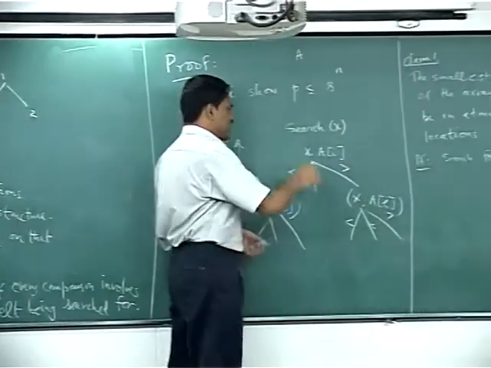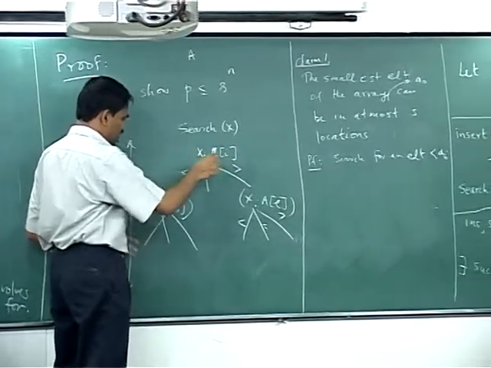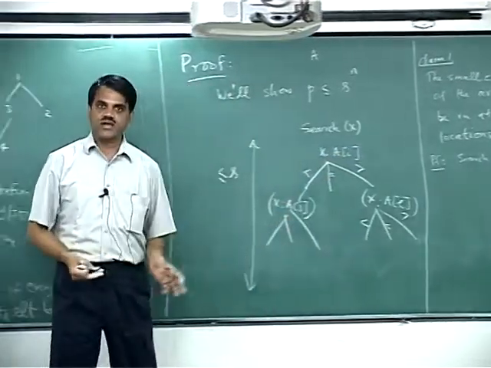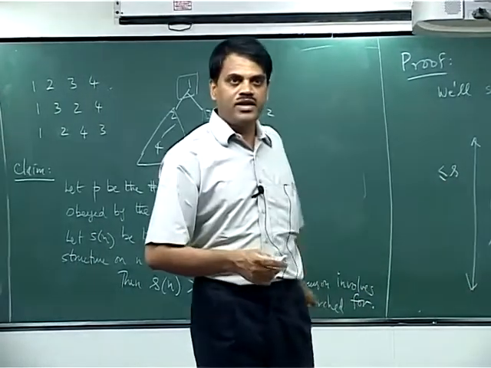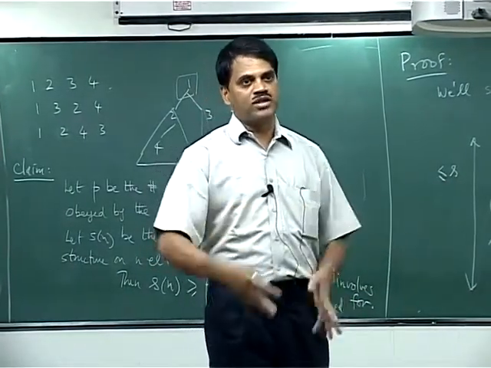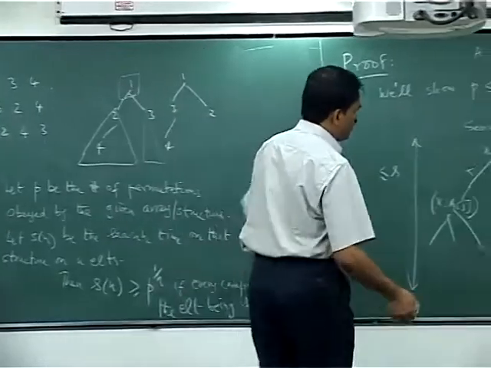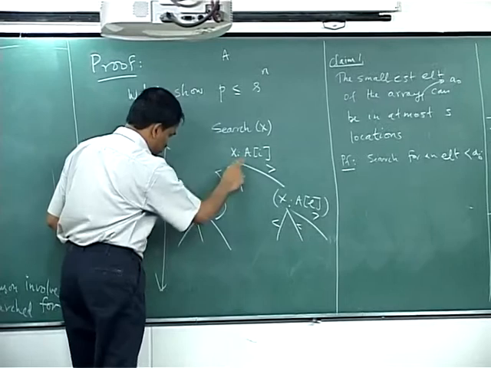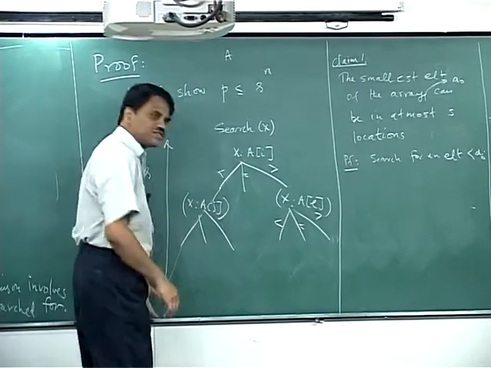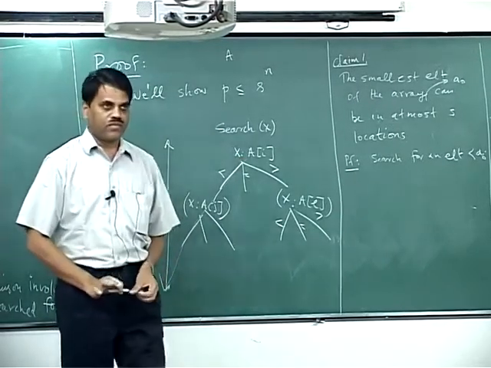I am searching for x, it will compare at some location. Which path of the tree will it take? The leftmost path, because I am searching for something smaller than the smallest. Whatever location you put in, it is just going to say less than that, less than that, less than that. It is going to follow this path and come back and say the element is not there.